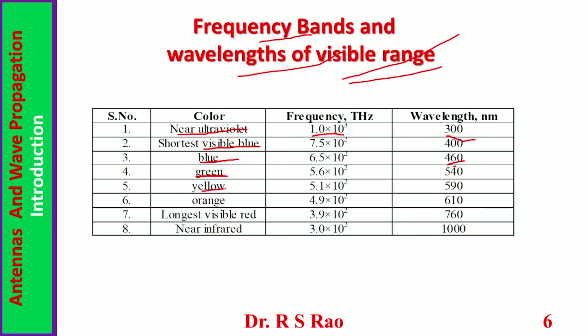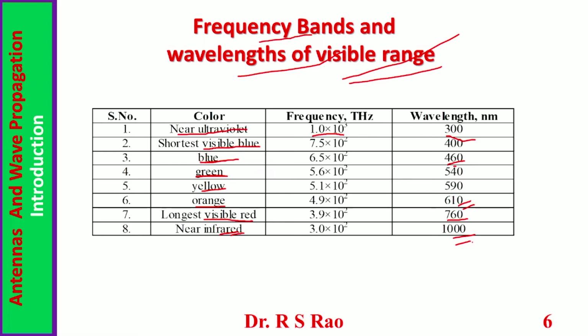When it comes to yellow light, frequency is 5.1 into 10 square terahertz. Wavelength is 590 nanometers. Orange light, frequency is 4.9 into 10 square terahertz. Wavelength is 610 nanometers. Longest visible red light, frequency is 3.9 into 10 square terahertz. Wavelength is 760 nanometers. Near infrared light, frequency is 3 into 10 square terahertz.